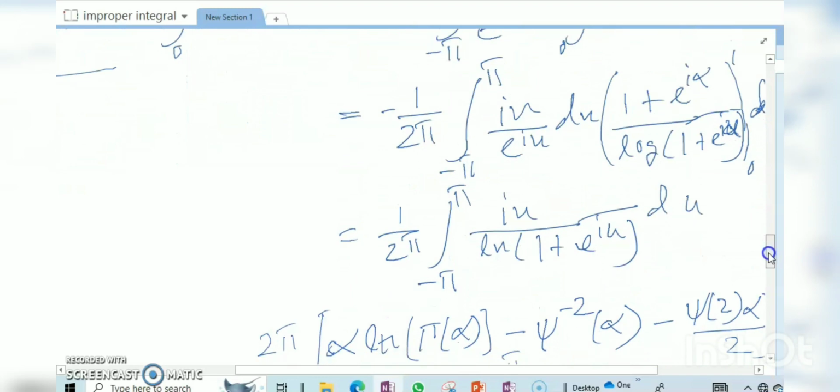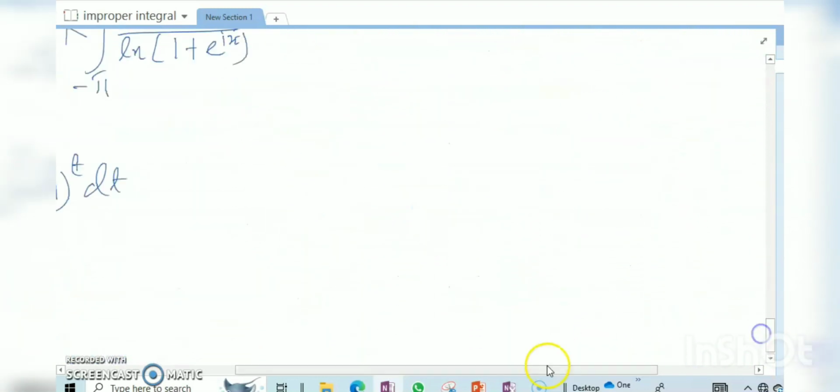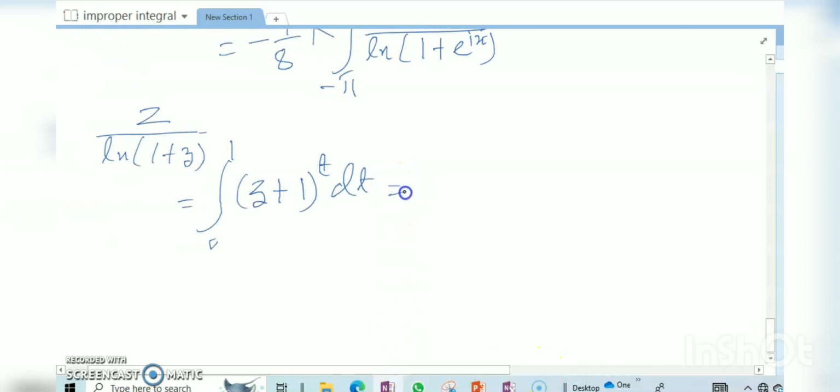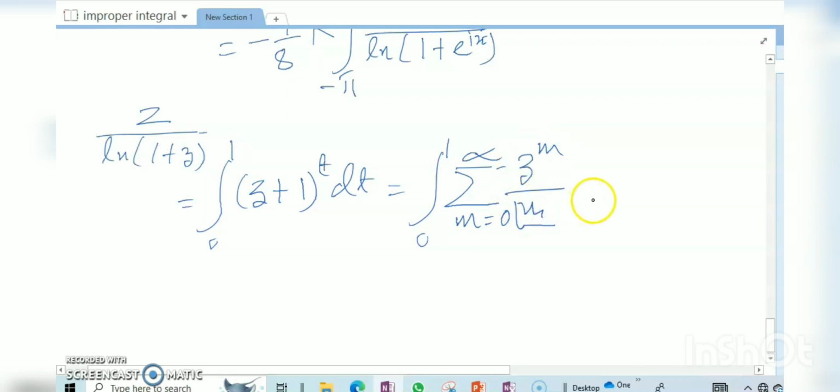Okay, so here it can be written as the integral 0 to 1 and summation m equals 0 to infinity of z to the power m divided by m factorial, gamma t plus 1 over gamma t minus m plus 1, dt. It can be written this way.